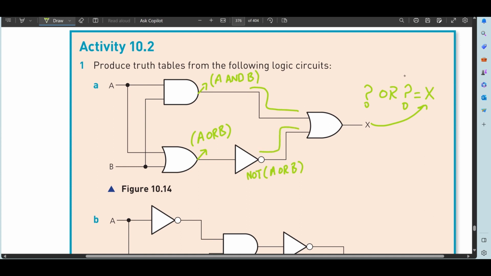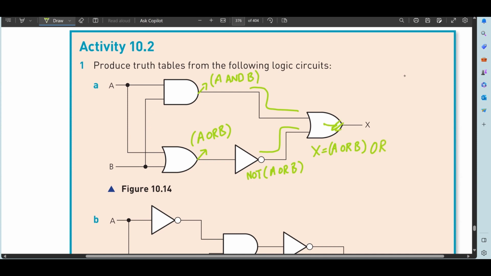We can write the expression for the final X, and X is equal to A and B from the upper input. It is read as up, center, down. The upper input is A and B. The center is the name of the gate, which is the OR gate.